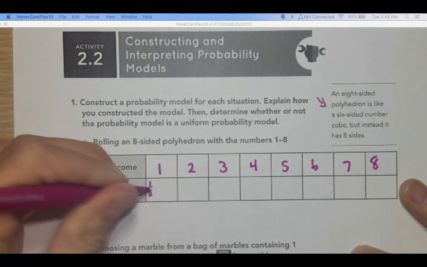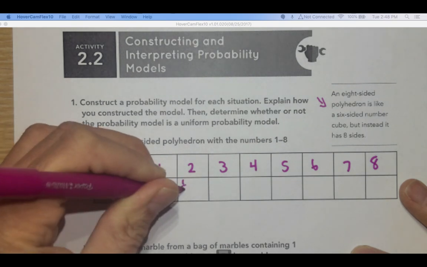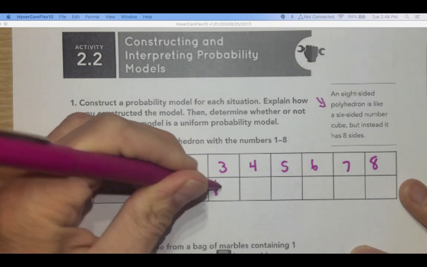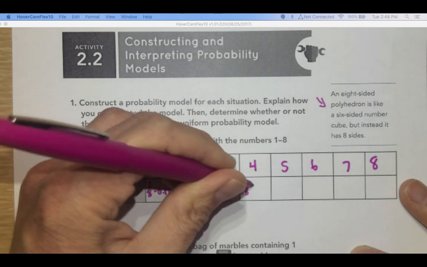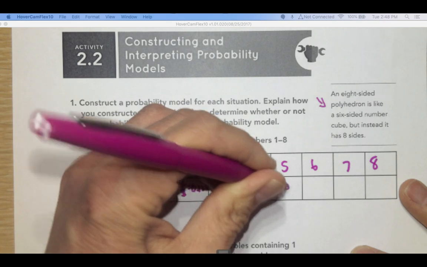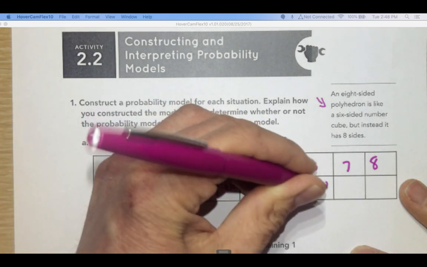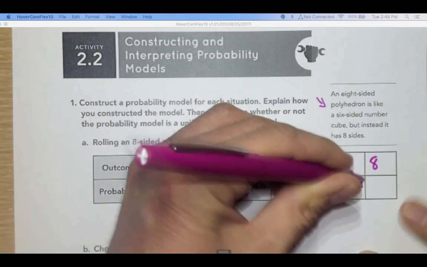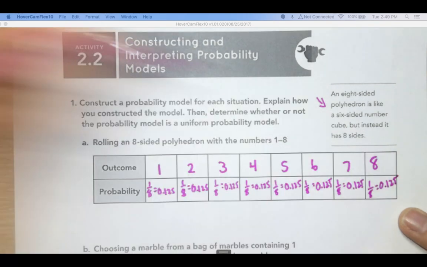The probability of each outcome is 1/8 or 0.125.